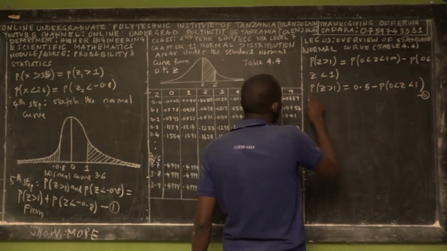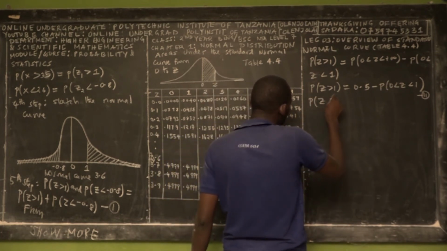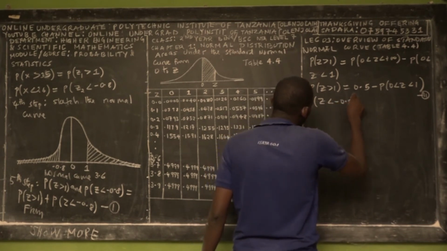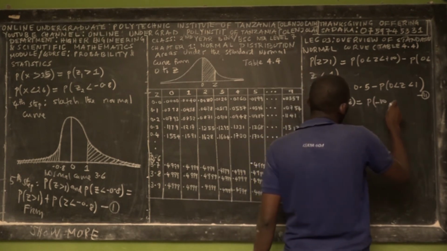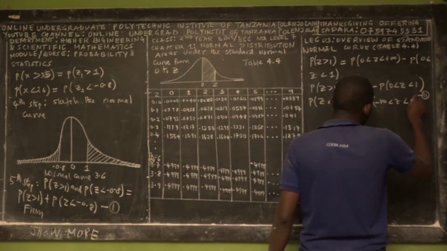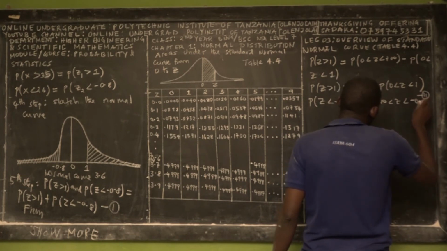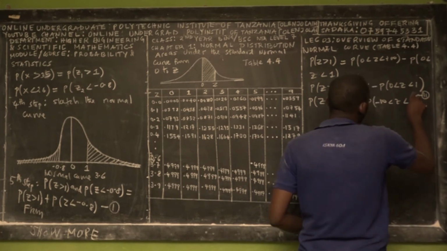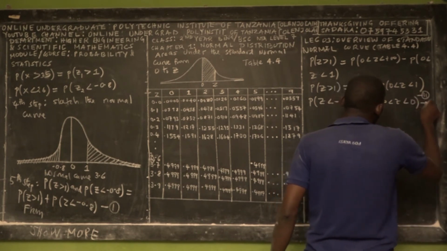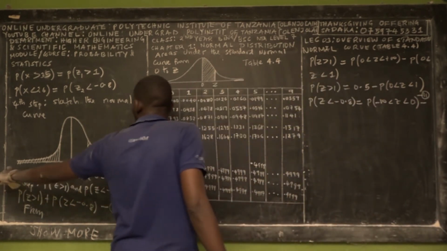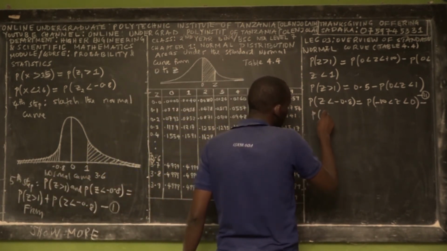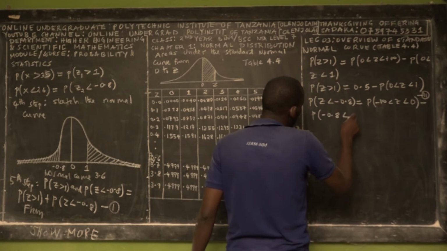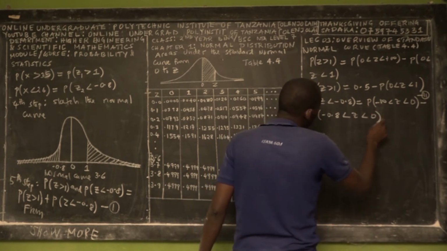Then from the symmetry, the probability of z less than negative 0.8 is equal to the probability from negative infinity to 0, minus the probability of negative 0.8 less than z less than 0.